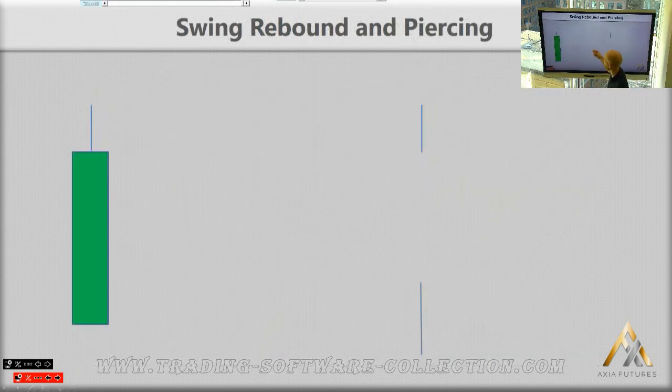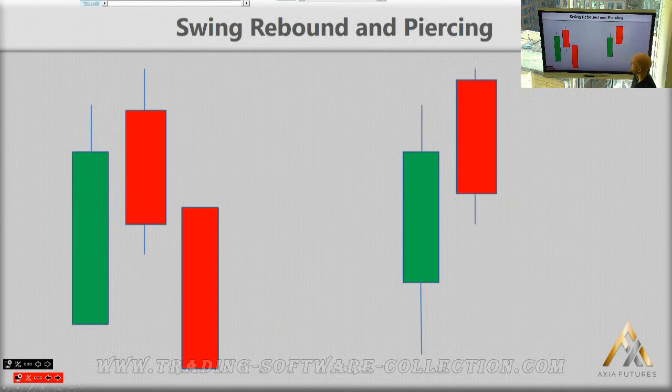Right, swing rebound trade and piercing candles. I think you hear various different people's interpretations of this, but this is the way I've always had it explained to me, and the way I always look at it, that a swing rebound candle is one whereby you create a new high or low, and then you close back within the body of the previous candle, daily, hourly, whatever it is.